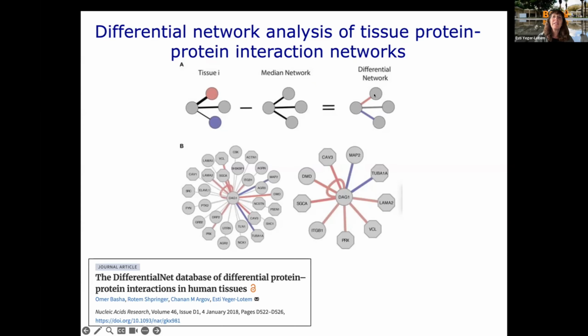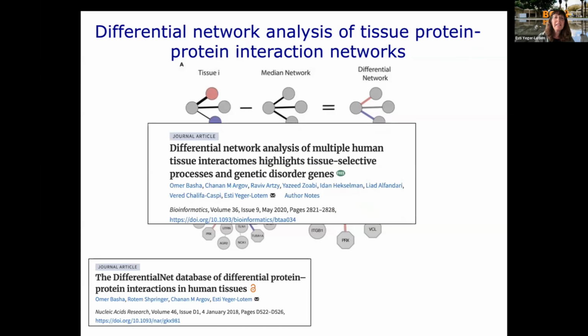So now, if this edge has a positive weight, we can infer that this interaction is much more likely in this tissue relative to the other tissues. Or else it could be much less likely in this tissue relative to other tissues. We published that; this is what's called the differential network database of human tissues.